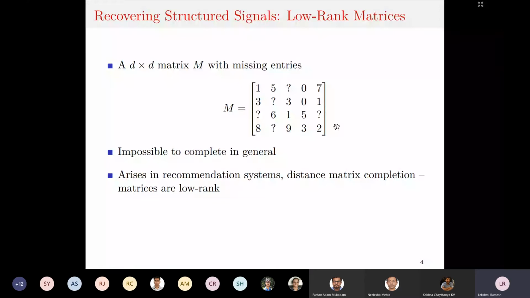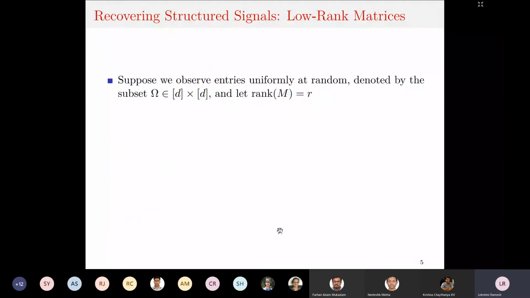And this is one kind of observation model where you subsample the entries, let's say uniformly at random, but there can be other types of observation models also. Right, and so let's say we look at this subsampling type of observation model, then what this says is that there is a D cross D matrix and you observe a subset omega of those entries. So the entries in omega are the indices that you pick uniformly at random, and the rank of the true matrix is, let's say, R.